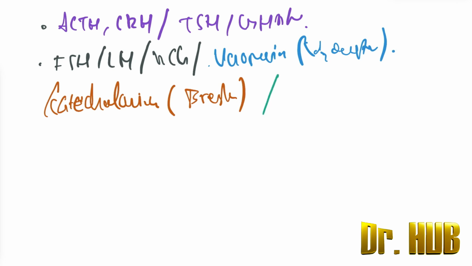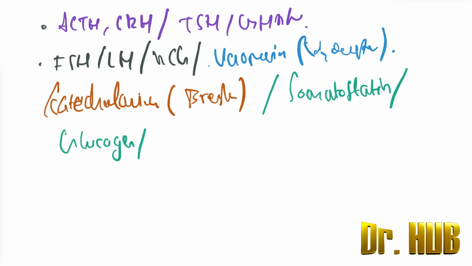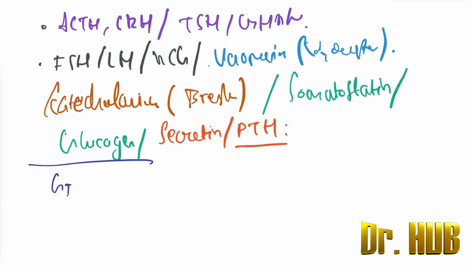Then there is also somatostatin, glucagon, and then secretin, the parathyroid hormone. Next we'll look at the Gi. What is Gi?